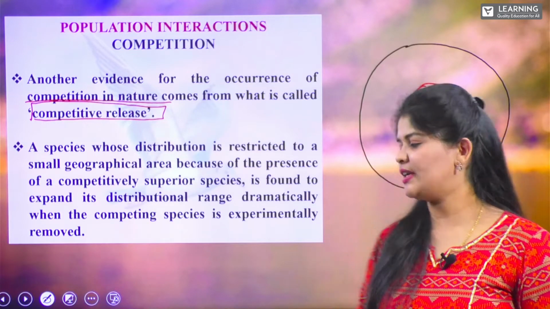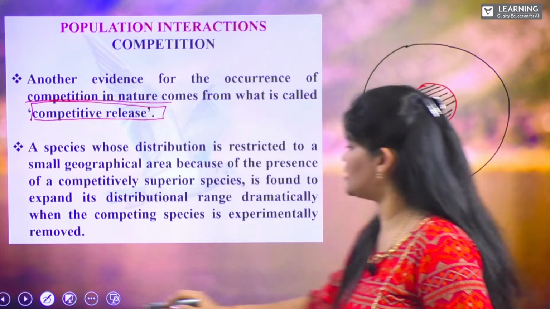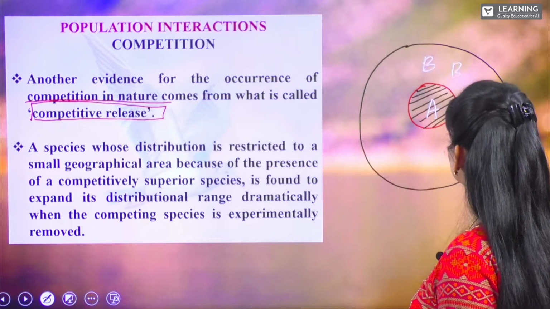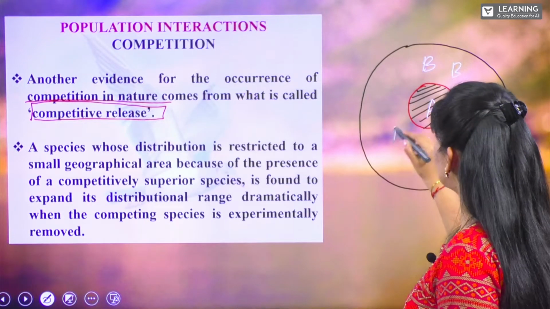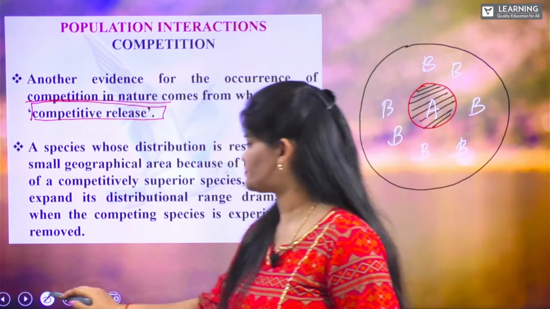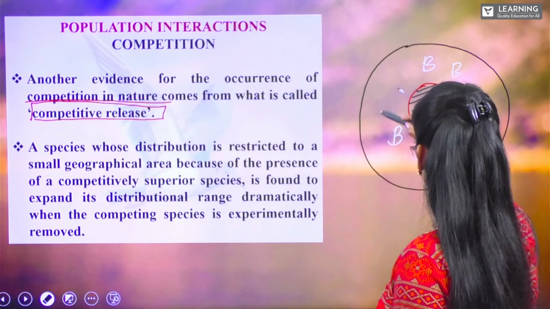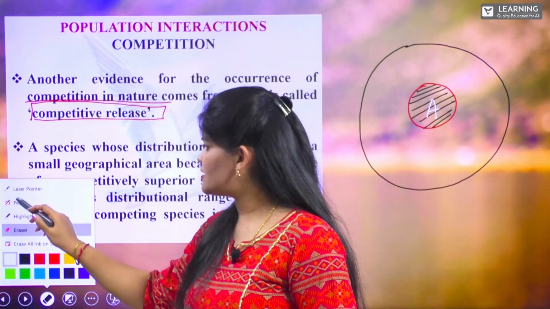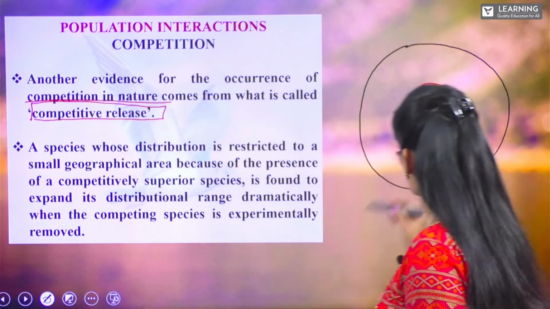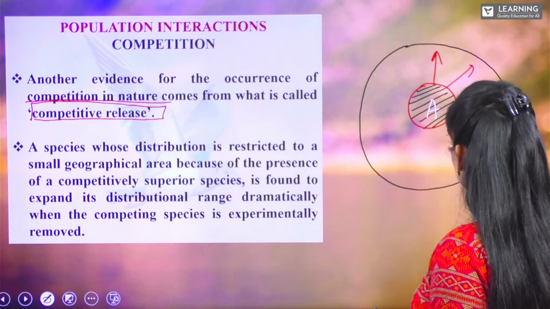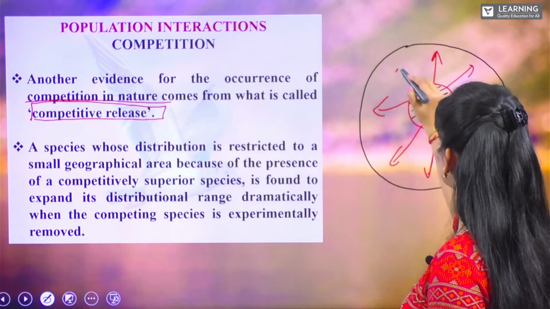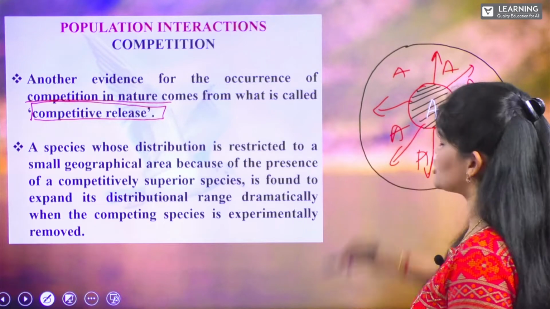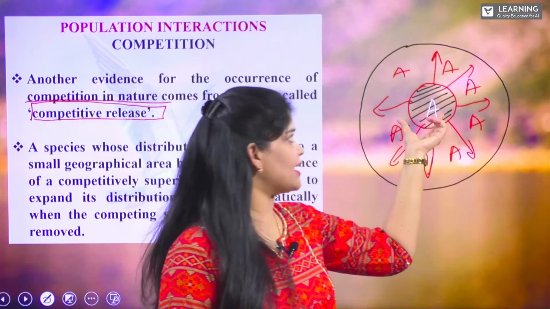Here we can find the presence of species A, and here it is occupied by species B. If we experimentally remove species B, then in the coming years we can see the widespread of species A. This area is also occupied by species A. Before, it had been occupied by B, so species A had been restricted only to this area.